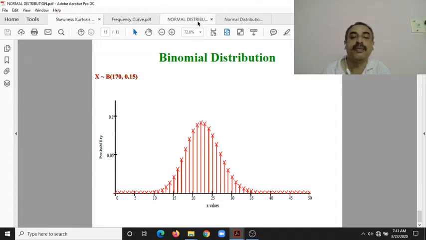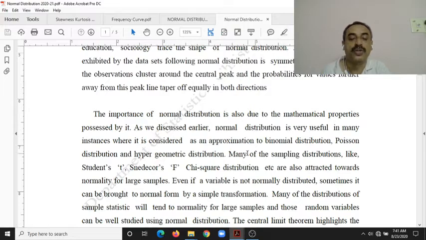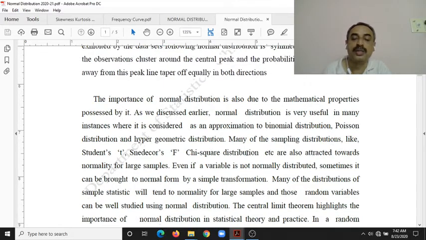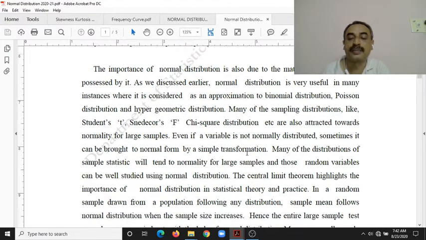A similar property can be found in the Poisson distribution, Student's t distribution, chi-square distribution, and many other distributions also. Therefore, in all these cases, those distributions can be approximated with the help of the normal distribution. Apart from this, the most striking importance of the normal distribution is in the central limit theorem.